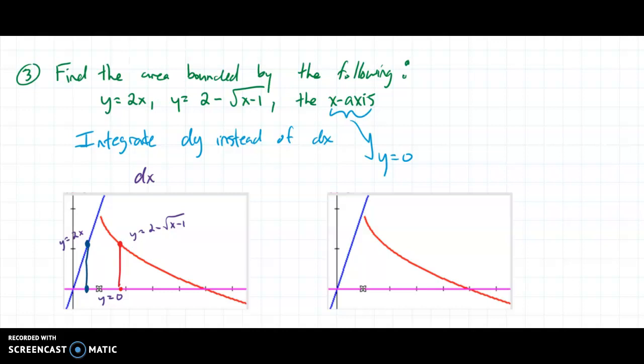So what you should see is that I actually have to split this into 2 regions. I need to get this integral right there, that space there, and then I need to get this integral here. So I would have to split it into 2 integrals. Honestly, for this one, it's not that bad. But sometimes it gets really complicated or even impossible to do that split or to integrate with respect to x.